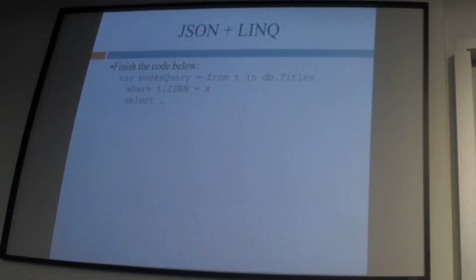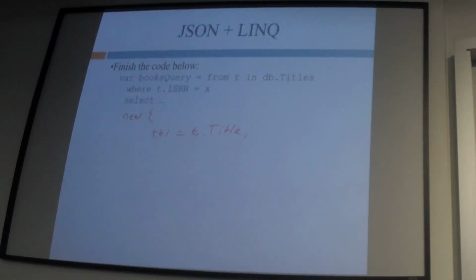Since db.titles probably has columns named exactly as they are in the database, so title and author, we want TTL and writer. So we'll do select new. TTL equals t.title.